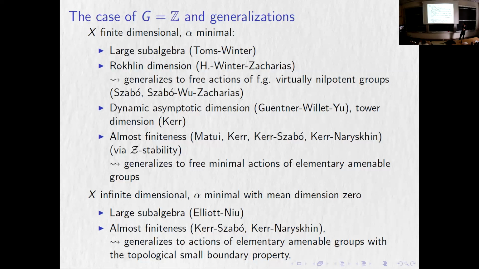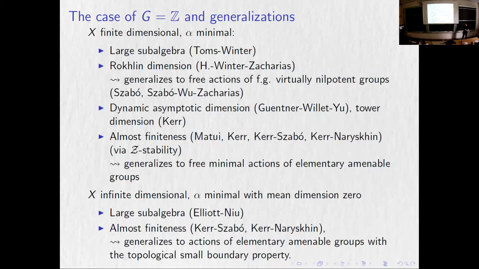Other approaches which came up, going back to the minimal setting, is this notion of dynamic asymptotic dimension introduced by Guentner, Willett, and Yu, which is also somewhat related to Rokhlin dimension, although we have to dig into it and understand why. It's really a groupoid notion.